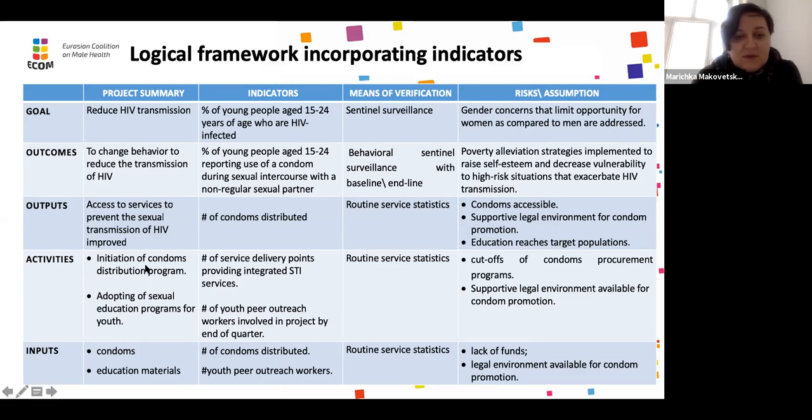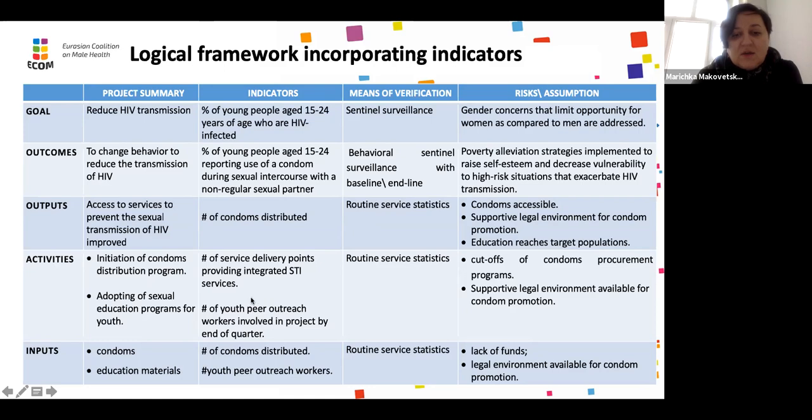Activities: initiation of a condom distribution program, and adopting a sexual education program for use, let's say at schools or colleges. At the level of indicators for activities, I would have the number of service delivery points providing integrated STI services, including condom distribution, and the number of youth peer outreach workers involved in the project by the end of the quarter.